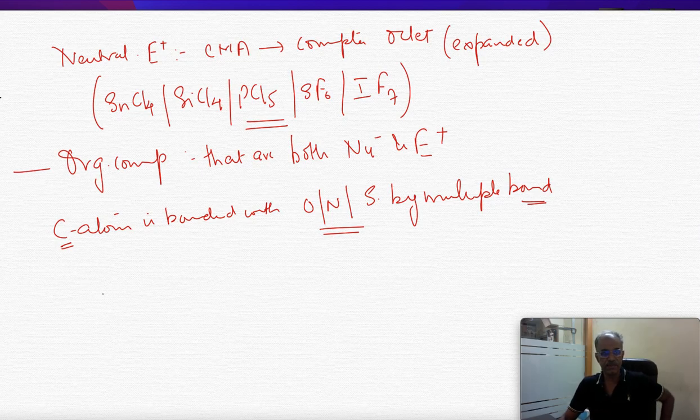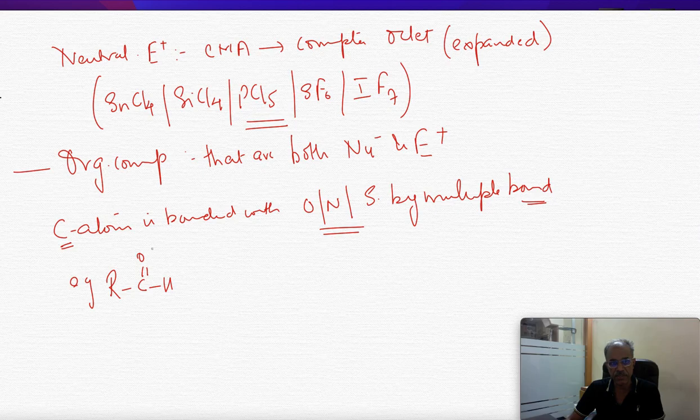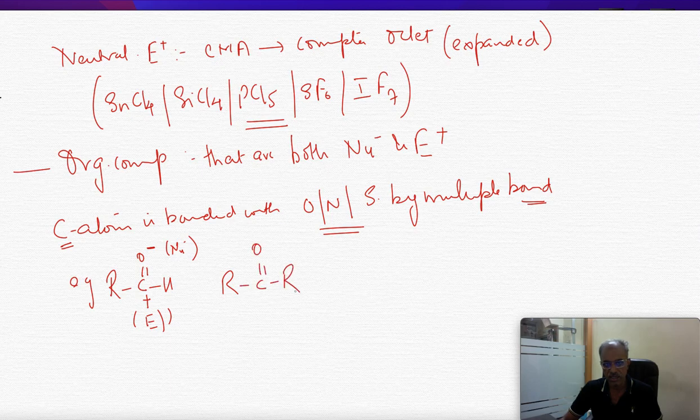Example. Take for example aldehyde. Now since oxygen is an electronegative element, this will be a minus charge and this will be a positive charge. So this becomes a nucleophile and this becomes an electrophile. So aldehyde. Similarly will be the case with C double bond O ketone.